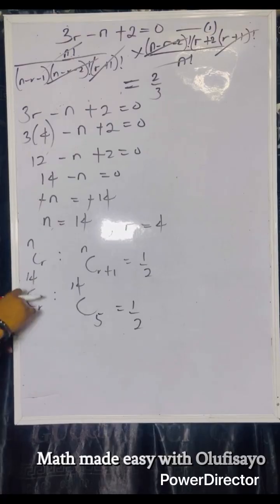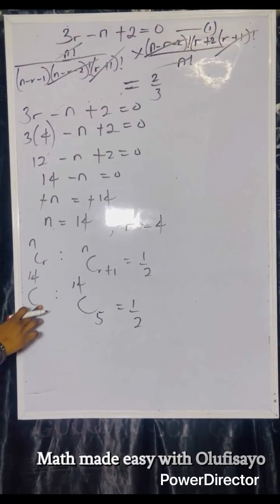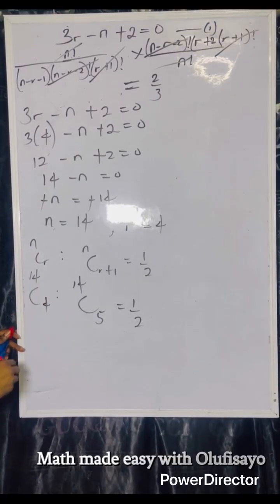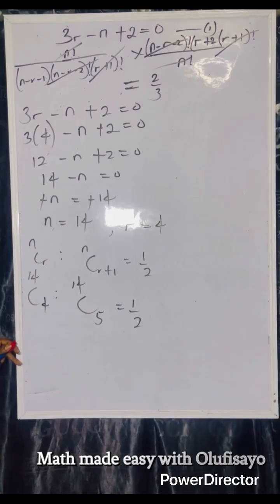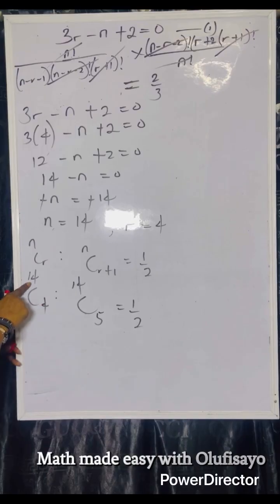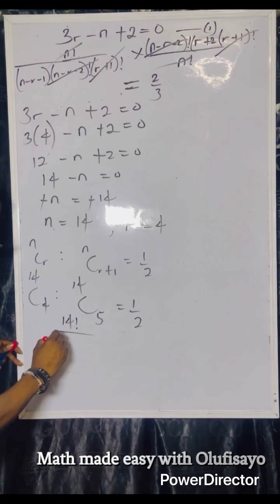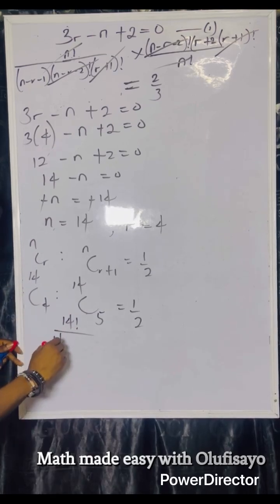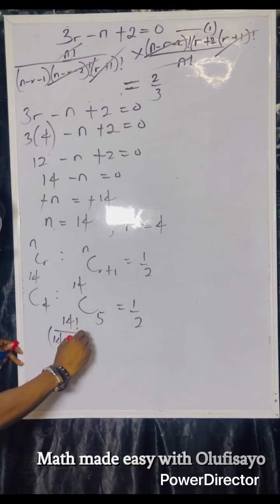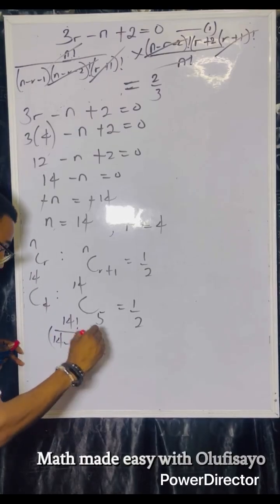Here is 4 because r is 4. Now we were taught that 14 combination r simply means 14 factorial over 14 minus 4 factorial, then 4 factorial.